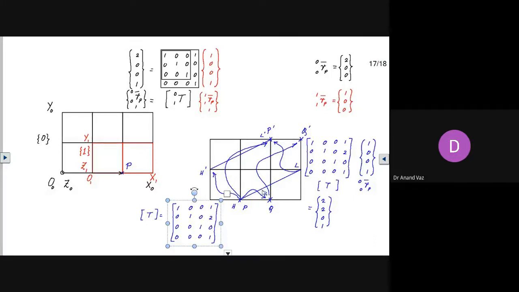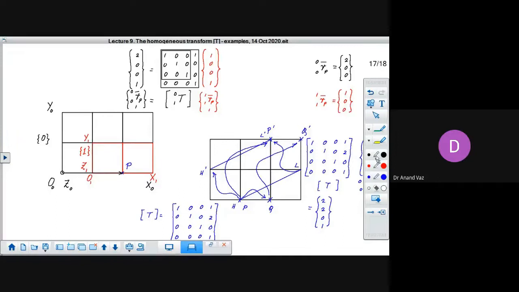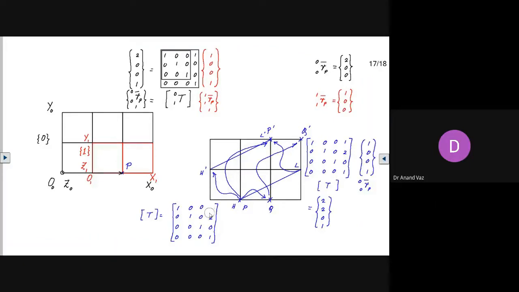If I wish to move this line from here to here, so I'll have to shift H to H dash and L to L dash. So what is the transformation that will do that? Can you just tell me? It's a simple translation. So this unit matrix R will remain the same. What will change are the elements here.